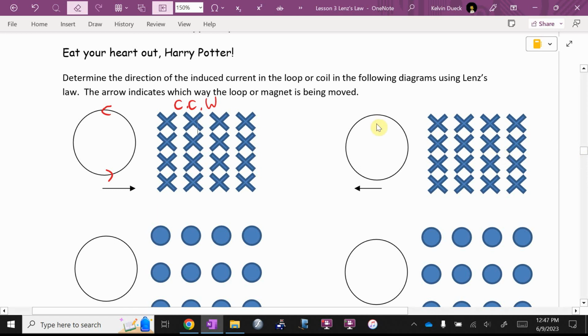As it exits this field, it's going to induce a magnetic field. You're trying to make into the page weaker by removing me from that magnetic field? I'm going to make into the page stronger. Into the page stronger would be point your right thumb in. Did I do this one backwards? No, out of the page, into the page this way. Yep. It would make into the page stronger.